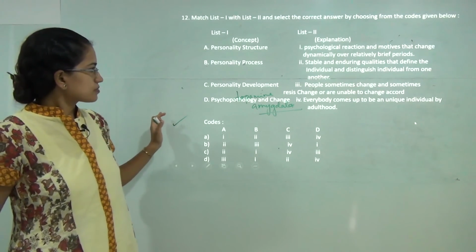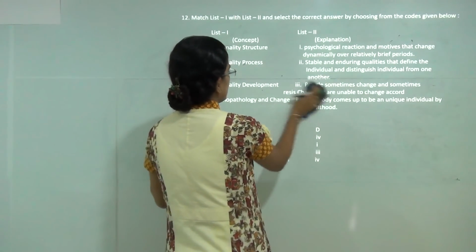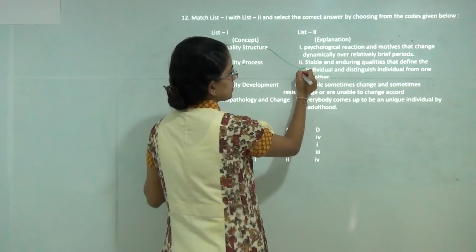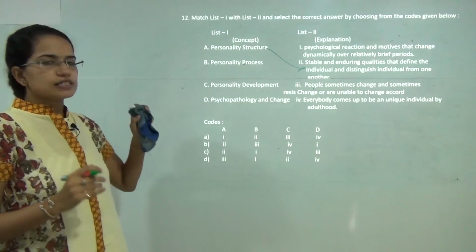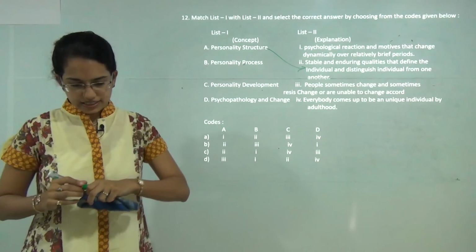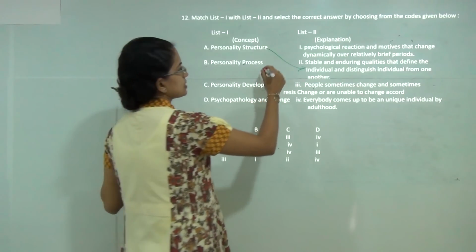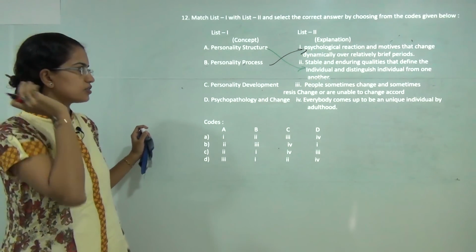Next question. Now this is again a question based on general definition. So personality structure explains the stable qualities that define an individual and distinguish them from other individuals. That's what the basic personality structure is. Then you have the personality process, that is a psychological reaction and motive that change dynamically over brief periods of time.